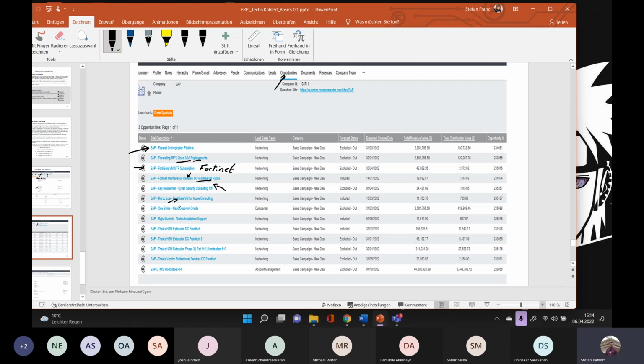Each single project has one line, and if you click on this line, you see all the details of such a project. OneStrike, for instance, is the client's project name for the RFP, the request for proposal they released. And this one here is named Mass Decom, which means decommission.